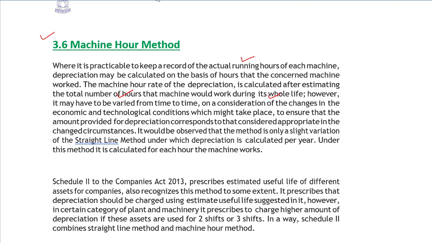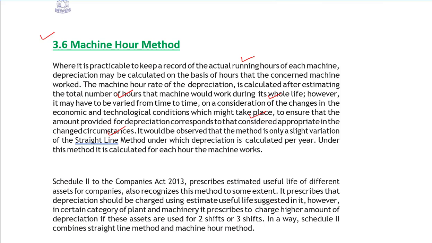However, it may have to be varied from time to time on consideration of changes in the economic and technological conditions, to ensure that the amount provided for depreciation corresponds to what is considered appropriate in the changed circumstances.